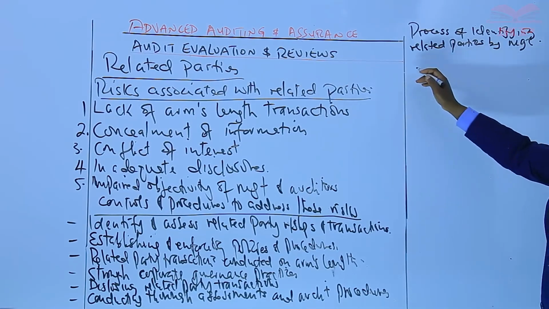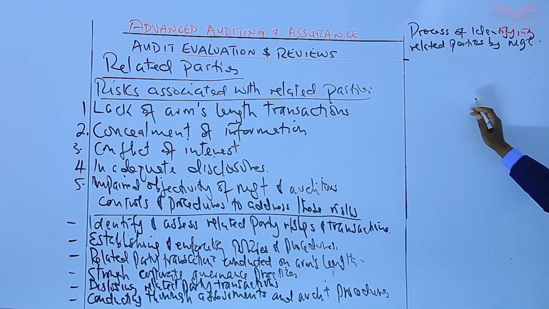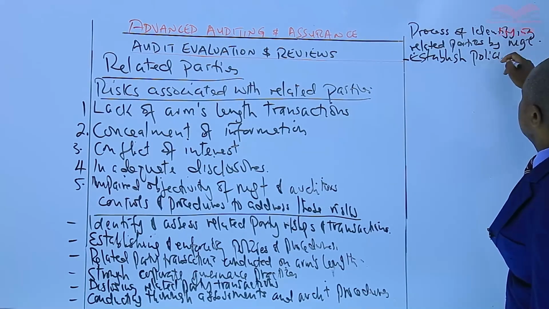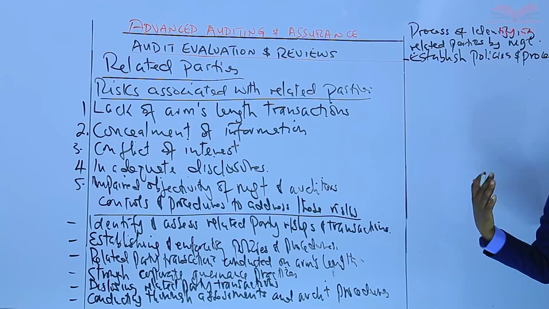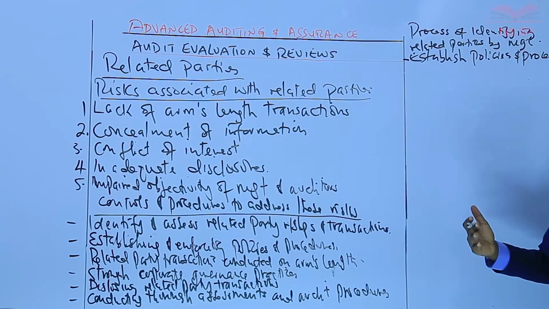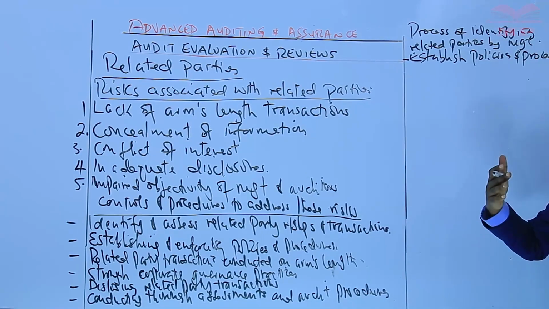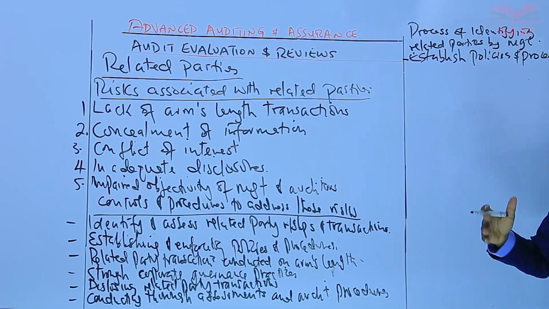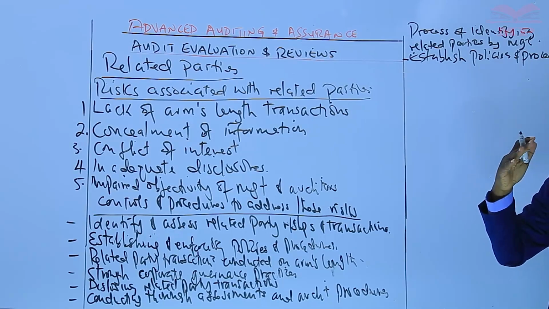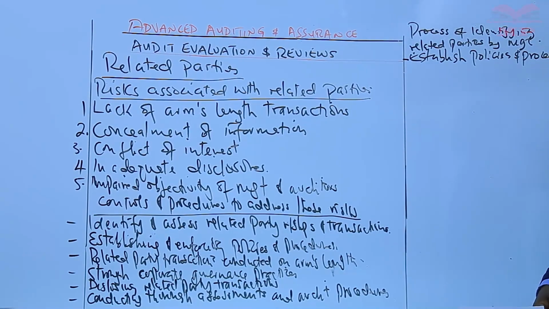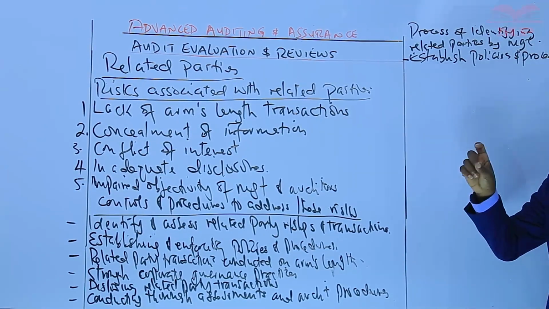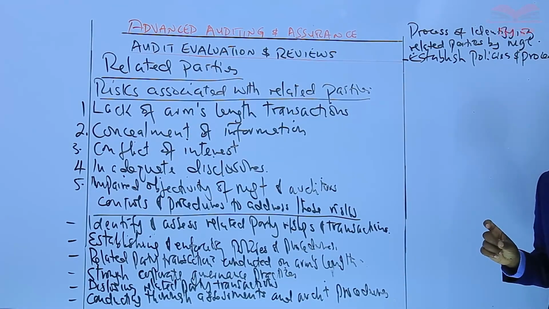And the process begins by, number 1, establishing policies and procedures. Management should establish policies and procedures that define related parties and also provide guidance on the identification and disclosure of related party relationships and transactions.